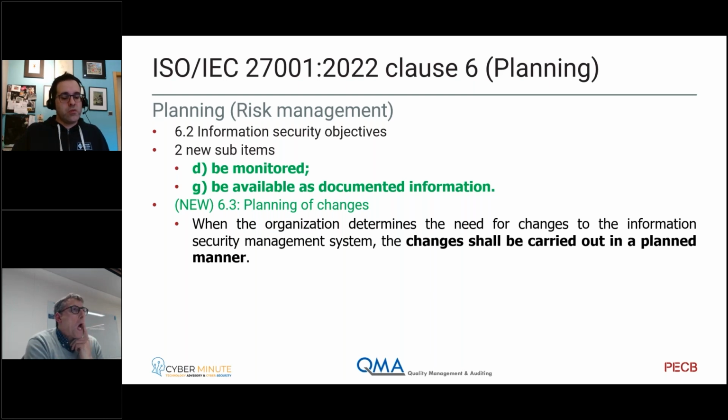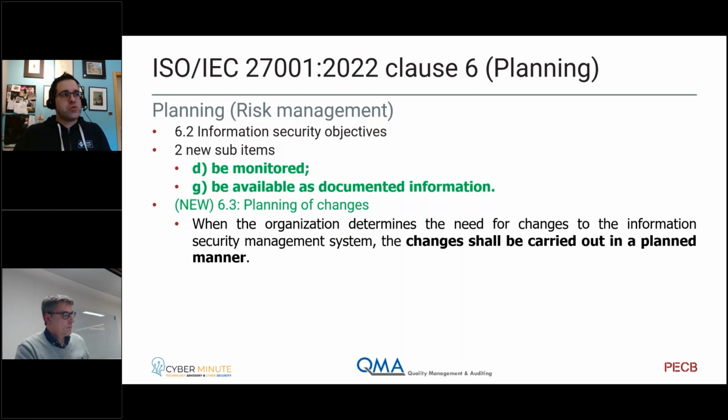There will be a demand and a requirement to be more closely monitored. And second, to be more practical, so it should be available as documented information in practice. This was one of the key items to support your ISMS. So risk management is really one of the key assets of your ISMS, again to avoid that compliance checklist approach, but rather be practical. These two have been added to that one.